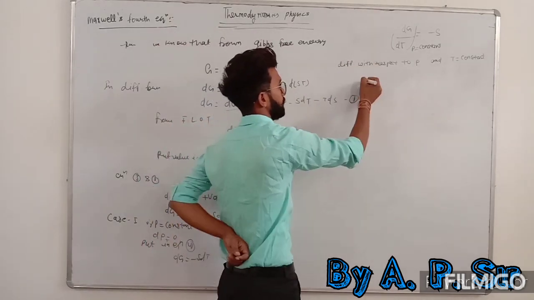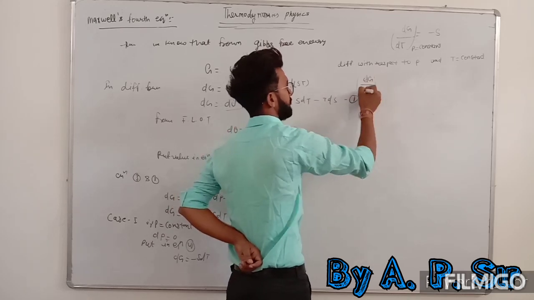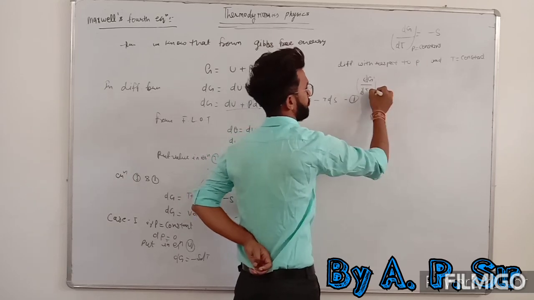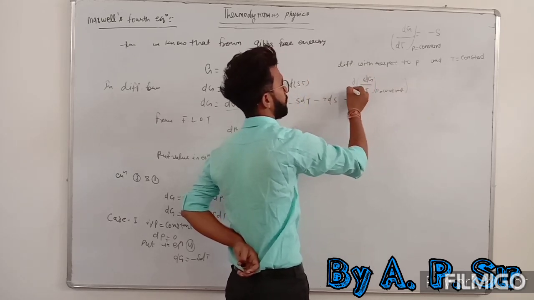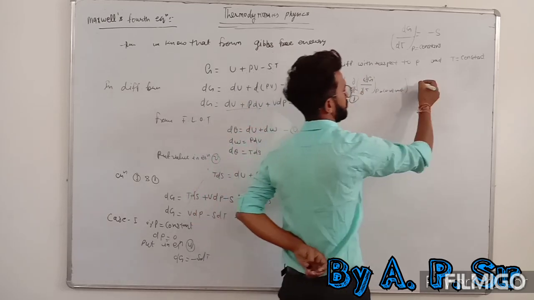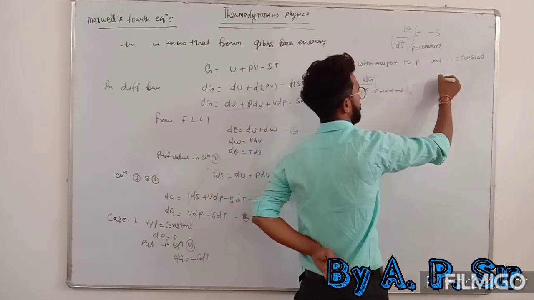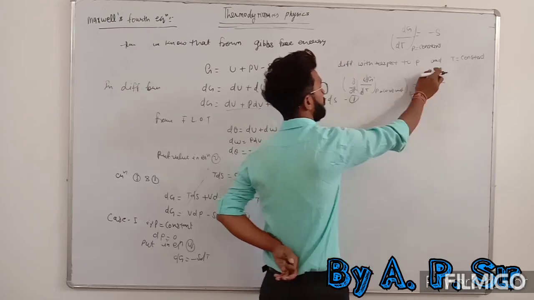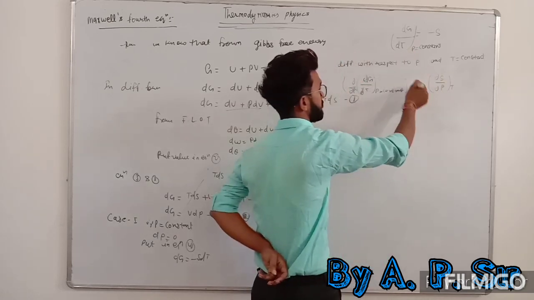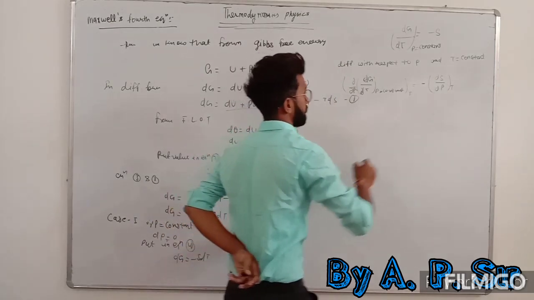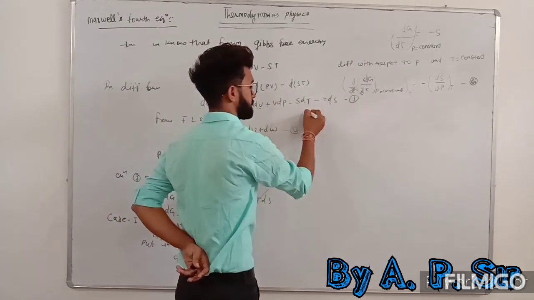Then next, del G upon del T at P constant, del upon del P all over T constant, and next del S upon del P at T equals constant, and minus again. Then this is equation G.